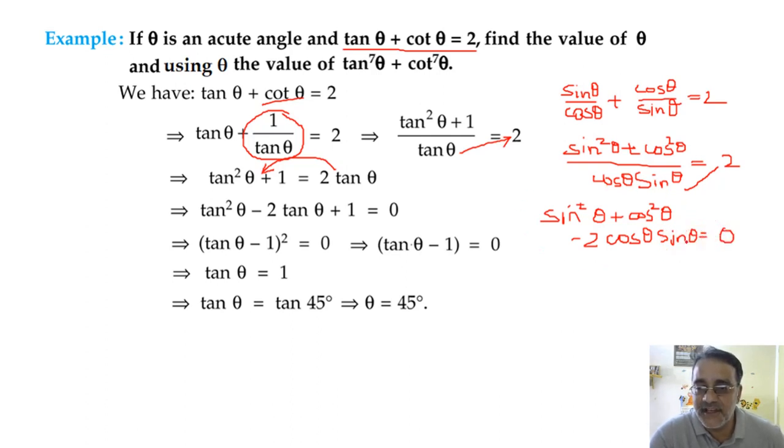Now if you see carefully, this is in the form of sin theta minus cos theta whole square is equals to 0. Now we get sin theta minus cos theta is equals to 0, or sin theta is equals to cos theta.